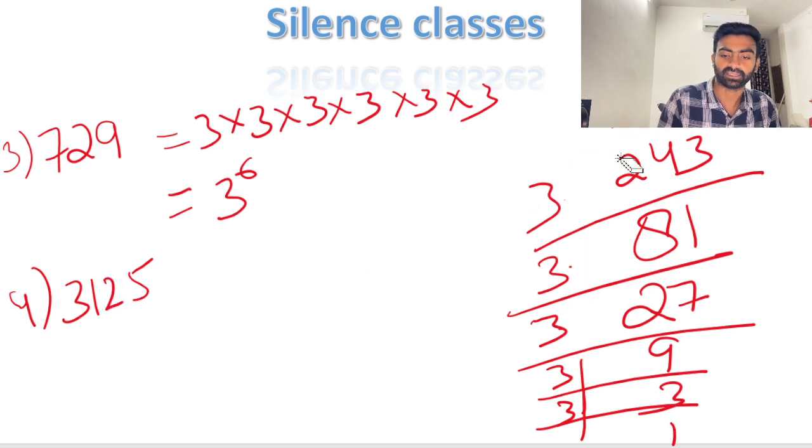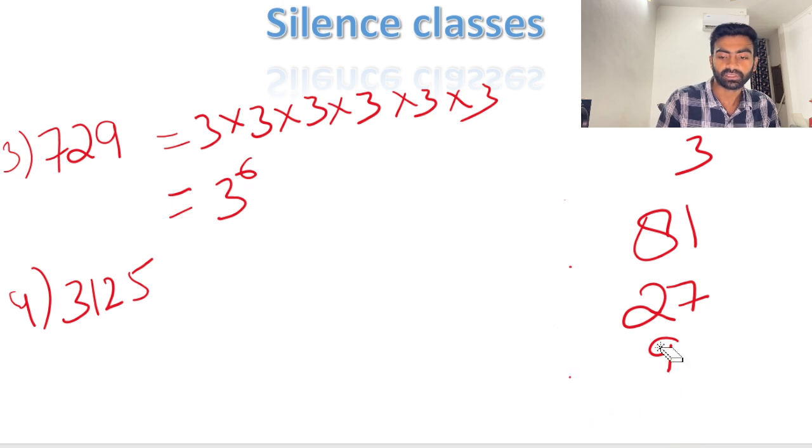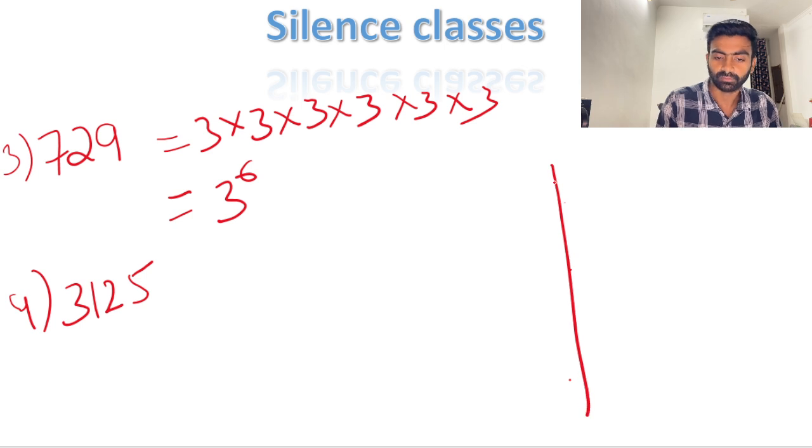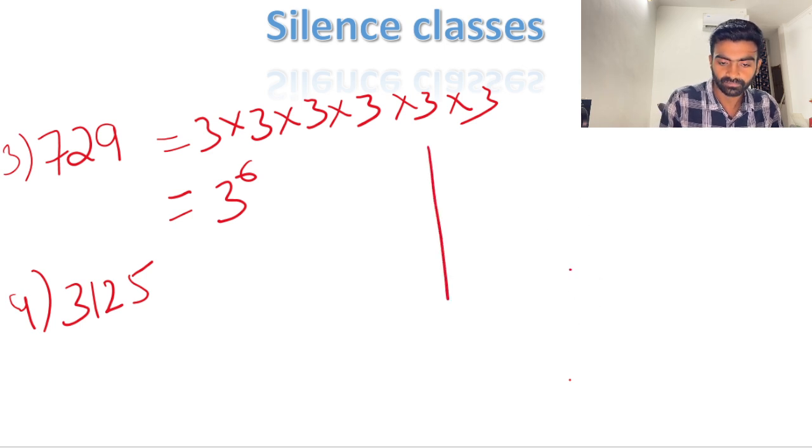Okay, now let's check it out. If you know the divisibility rule, it is very clear that if the last digit is 5 or 0, it means it is divisible by 5. It is divisible by 5. So we will divide it by 5.